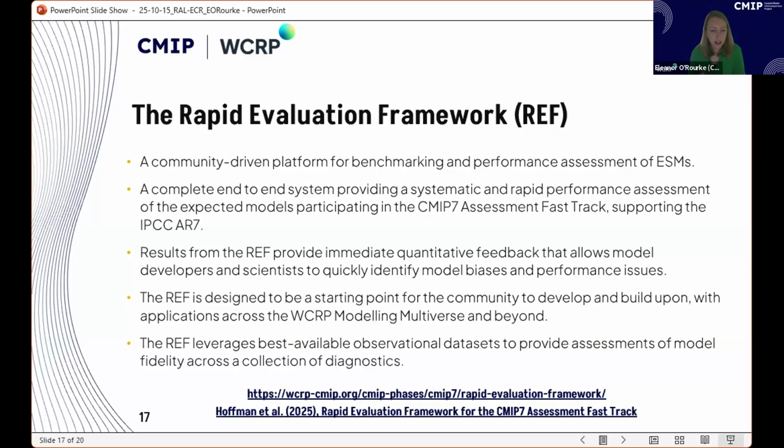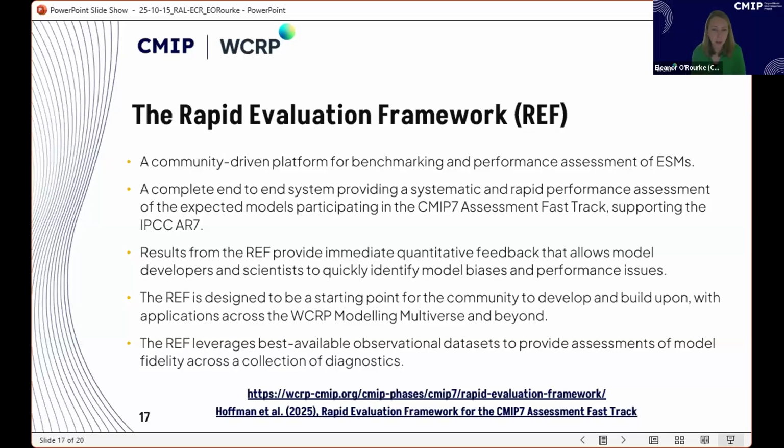The results give us immediate quantitative feedback, and that gives the model developers as well as the scientists the ability to quickly see where there are model biases or perhaps performance issues. The REF is being developed at the moment for the first stage for the assessment fast track simulations, but that's going to be a starting point. It's open source, so it can be developed by the community.